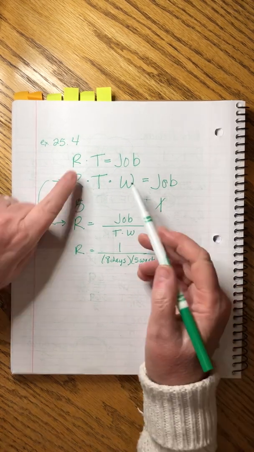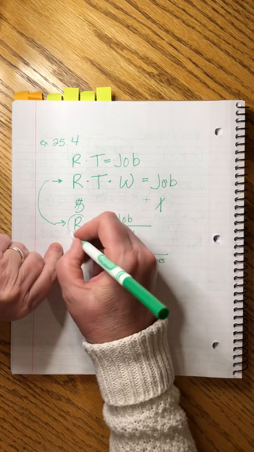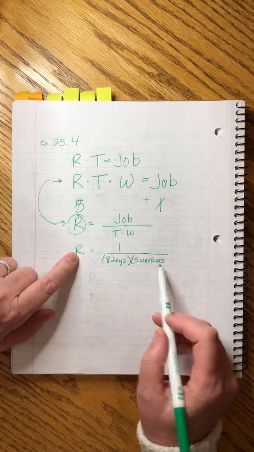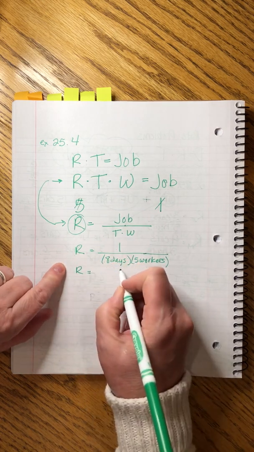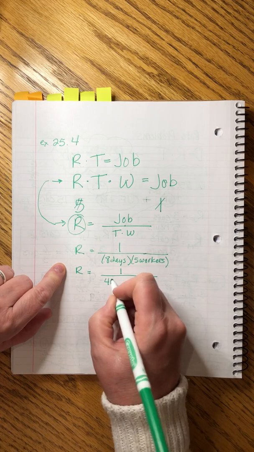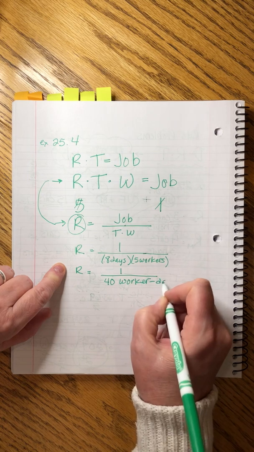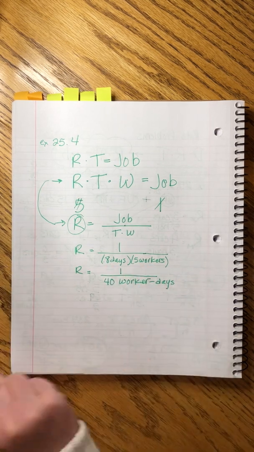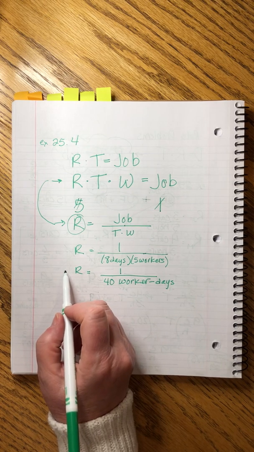Okay, so all we've done is taken this basic equation, rearranged it to get the rate by itself, plugged in the information from our story, and now we're going to refine it one more step. 1 job for every 40 worker days. I just multiplied those 2 together, all right? Now we've got our rate.